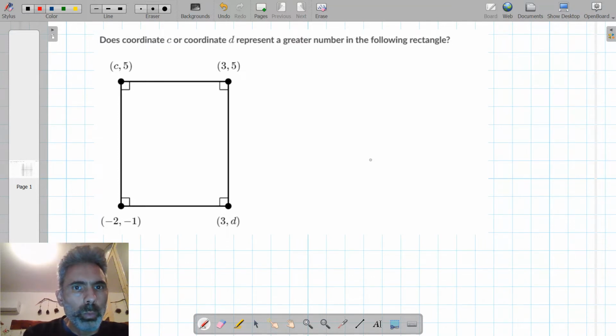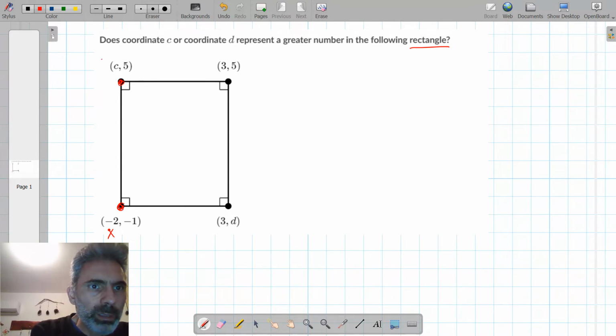Okay, so we know about coordinate C that it is the same coordinate as the x value of this point here. The x of this point is the same as the x of this point here, because this is a vertical line, because this is a rectangle, and it means that C is -2.